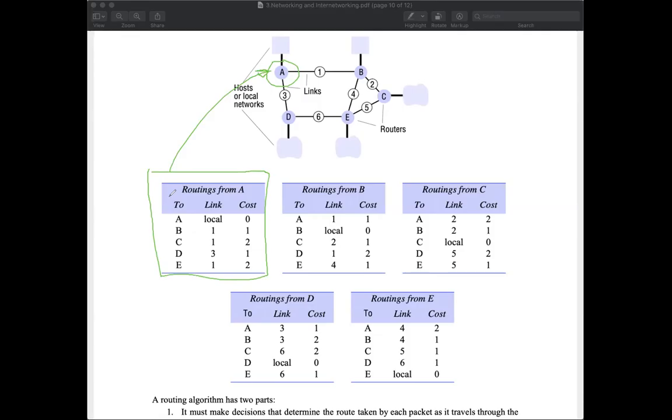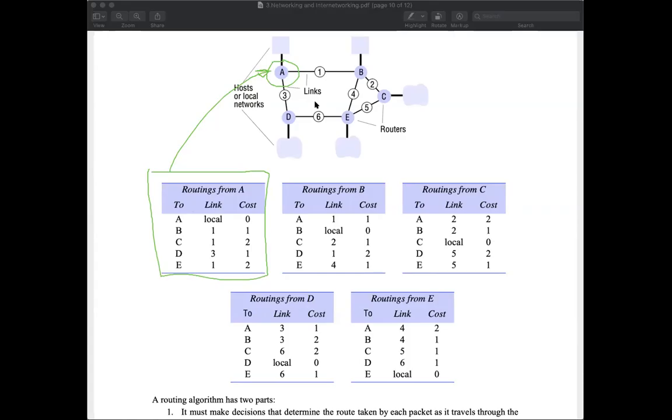Like connected, it try to keep a reference for each and every router in that network, and in order to route into the respective router, what is the link need to refer and what is the cost available, right?